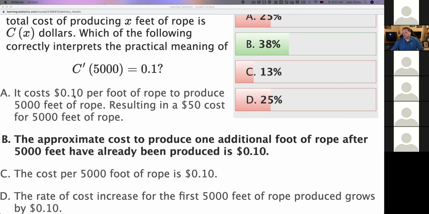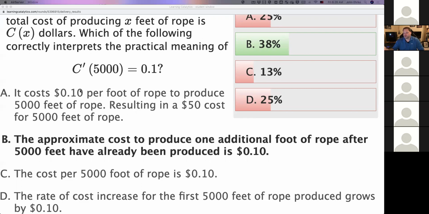The reason this is not correct, and this is the reason that factories exist in the first place, is the cost per foot is constantly changing. When they first started creating the rope, it's very expensive. But in a factory setting, the more machinery you have, the more capability you have to mass produce something, the cheaper per foot of rope it would be to produce.